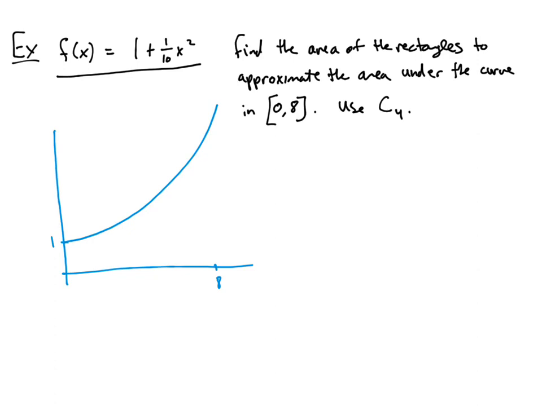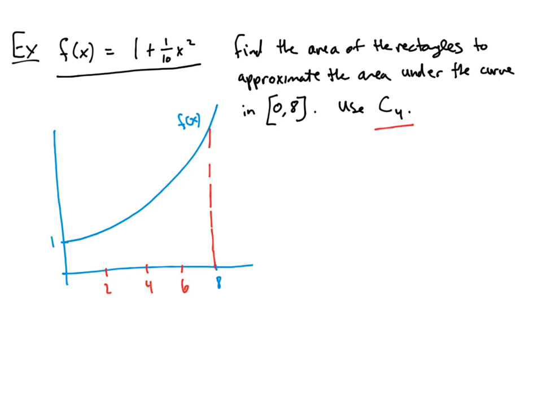So our curve will look something like this. There's f of x. We're between 0 and 8. Since we want 4 subintervals, we're going to go up to 8. Our subintervals will be at these positions. And then what we're doing is center approximations.